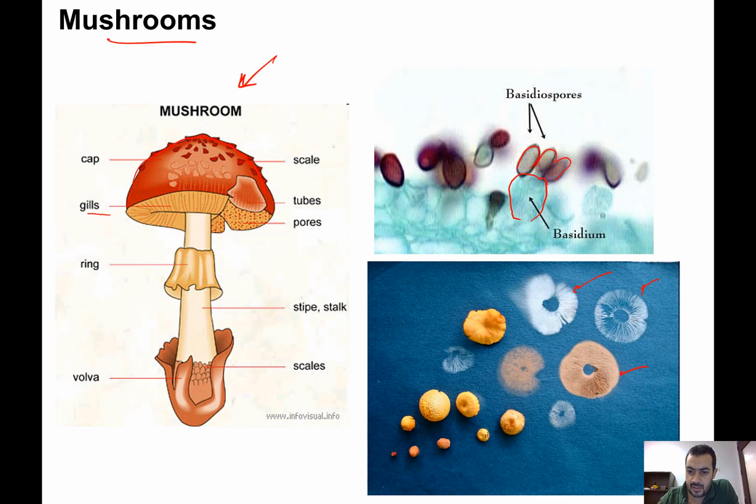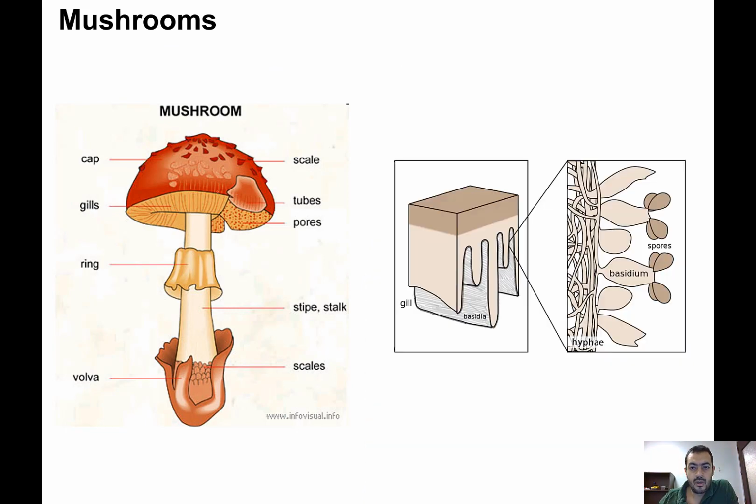So what you can see here is the imprint of the spores which are present within the gills of the mushroom. This image highlights again the same principle, that the gills contain the basidium. So basidium is that club-like structure that forms the spores, and all of that is present here in the gills, which is under the cap of the mushroom.